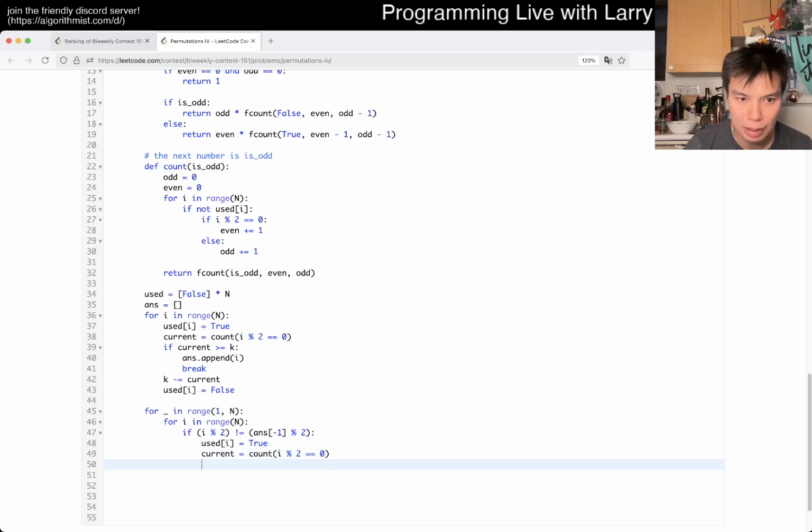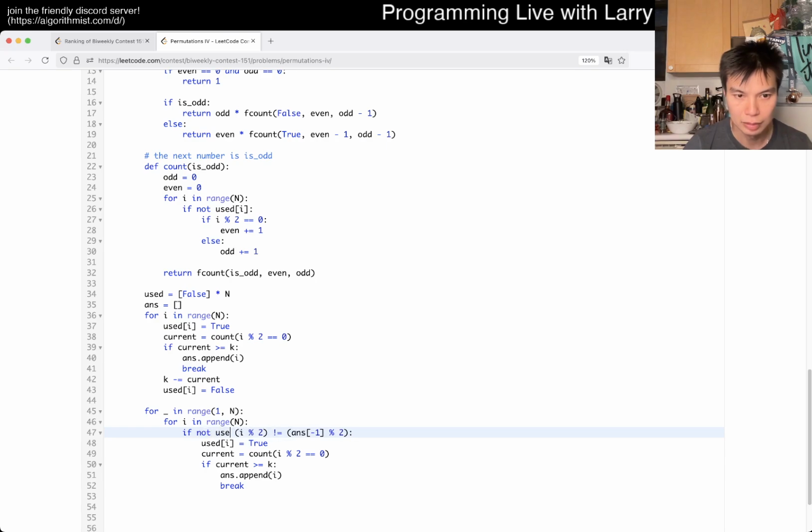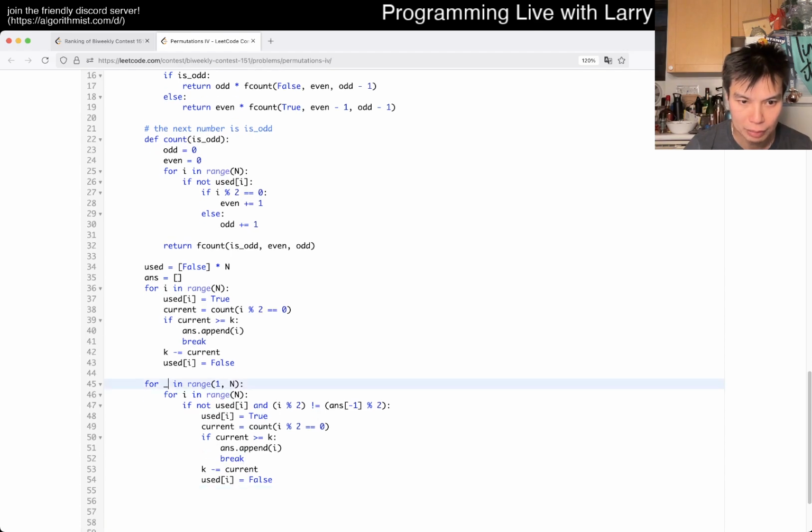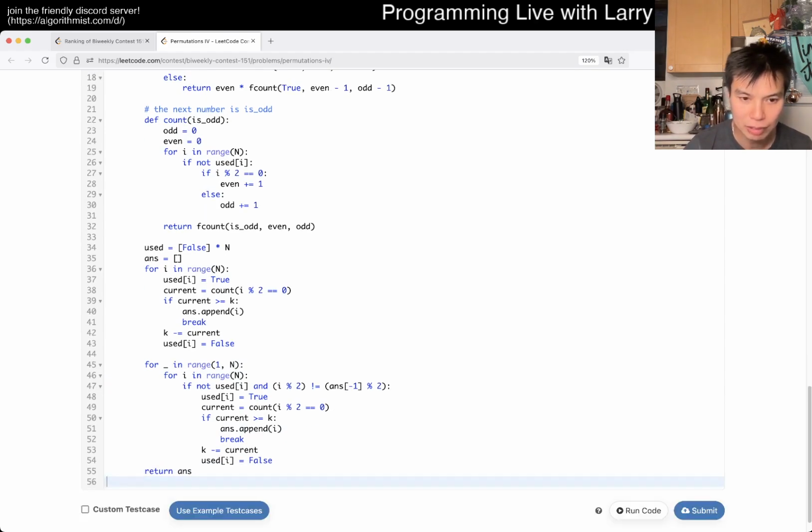Same idea, actually. Pretty much the same. Oh, I also have to check that it is not used here. We didn't have to do it before because, you know. Oh, break is fine? Break is fine. Okay. I think this is roughly right, maybe.